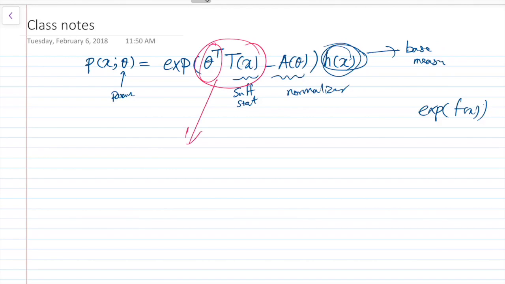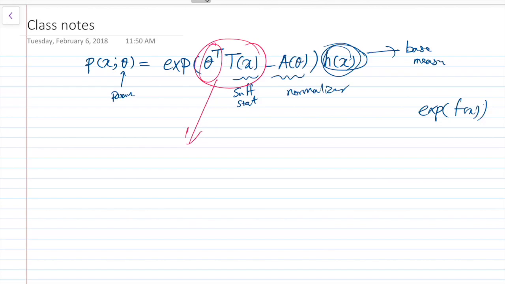T(x) is the sufficient statistic, we'll go over that in more detail, and h(x) is basically all of the terms in your distribution that have nothing to do with theta, only dependent on x. Let me give you an example.